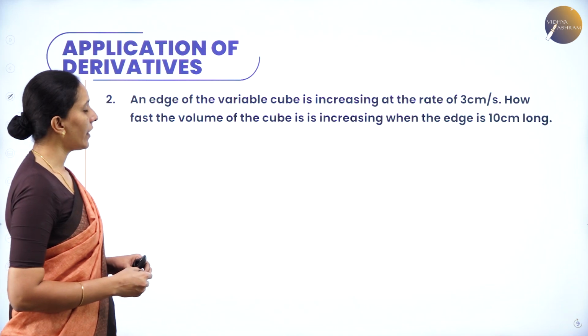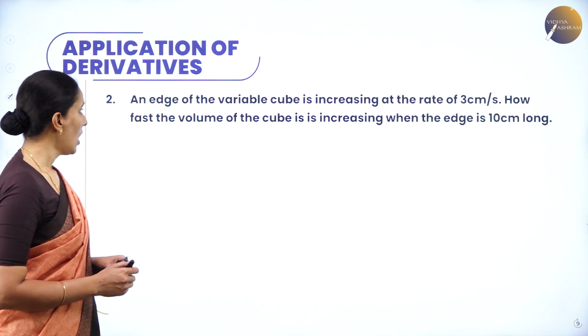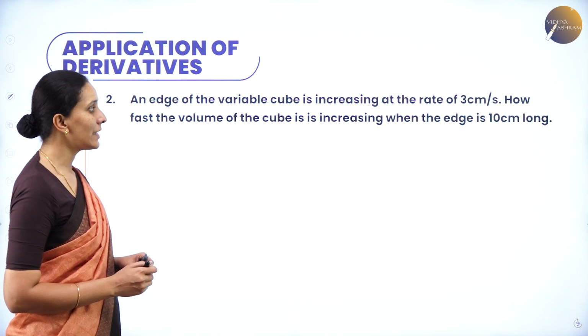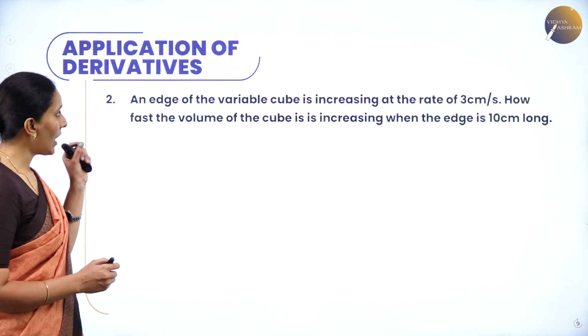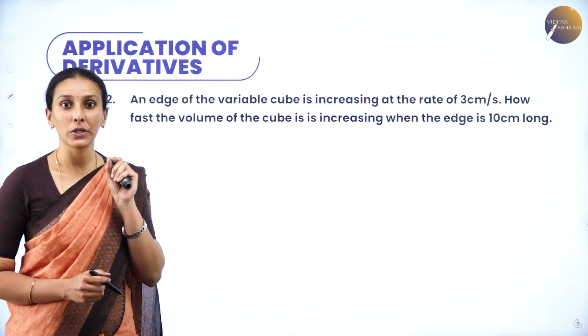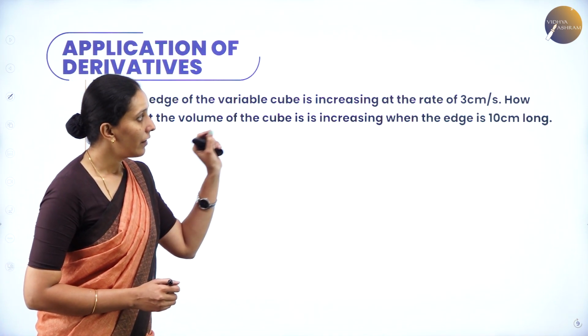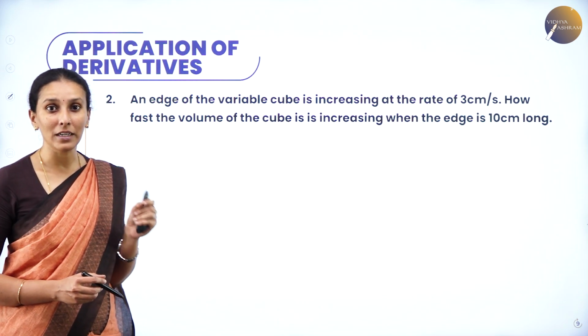Next, an edge of a variable cube is increasing at the rate of 3 centimeter per second. How fast the volume of the cube is increasing when the edge is 10 centimeter long? So here we are deriving the rate of change of the quantity with respect to time. That's why the rate of increasing the edge is given in the form of 3 centimeter per second.